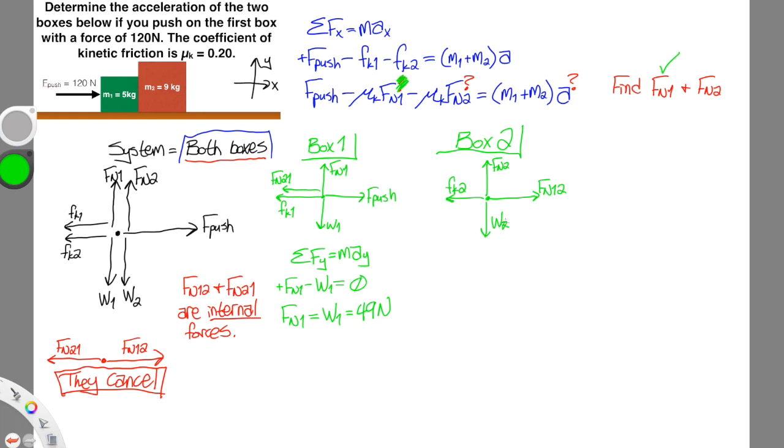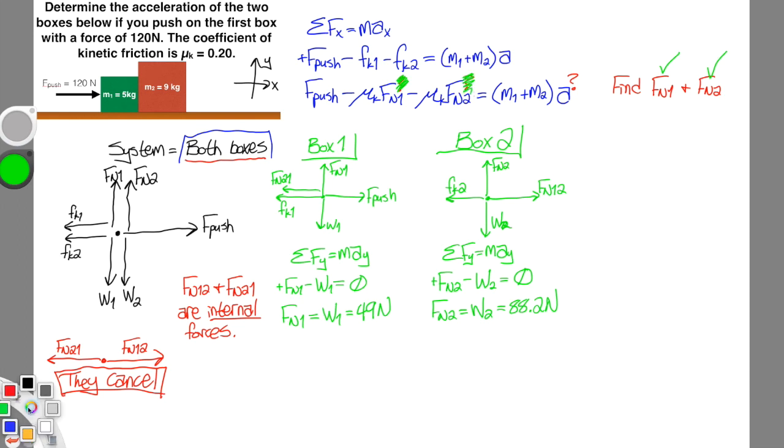Again, we want the normal force, the one in the y direction, so we will write ourselves an F equals ma equation for the y direction for box 2, which looks similar to the equation for box 1. Normal force 2 in the positive y direction and weight 2 in the negative y direction add up to give us 0. And before, we already showed that the normal force 2 is equal to weight 2 equals 88.2 newtons. So now we have Fn2 as well.